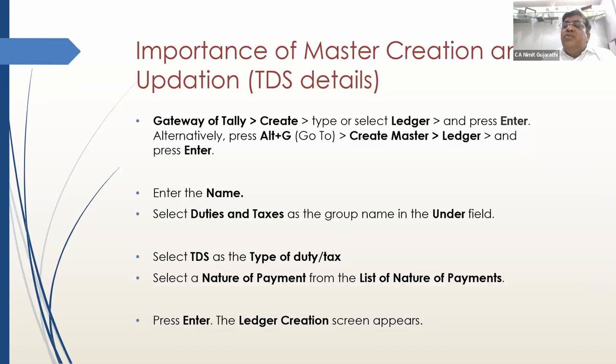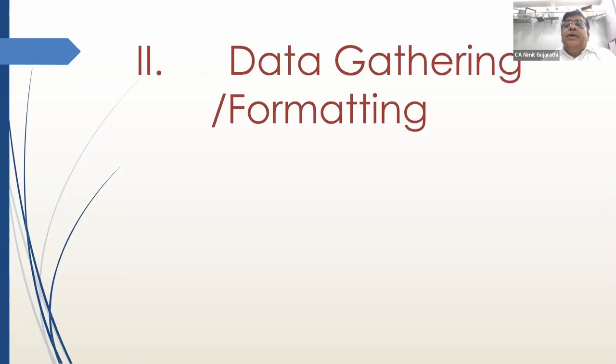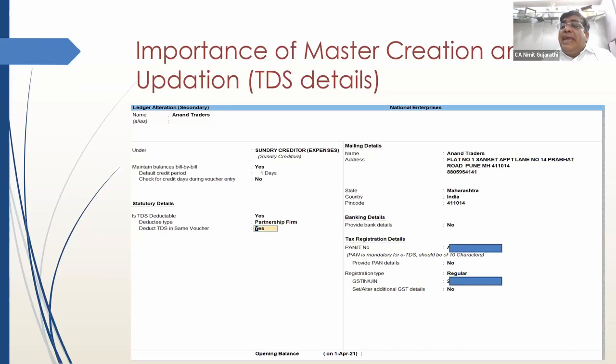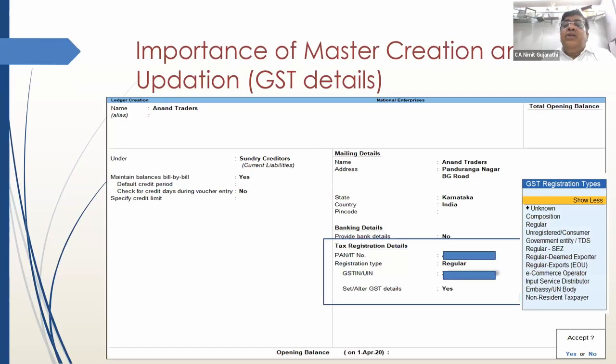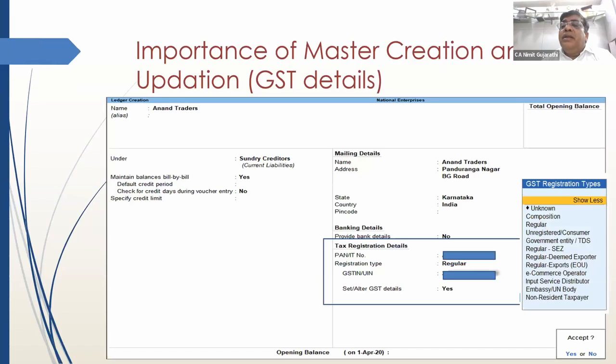In the same screen, you can select the tax registration details and the GST registration details. Very important: regular or composition, to mark the party properly. So this is with regard to the accuracy part: for achieving any data accuracy, we need to have GST masters created properly.